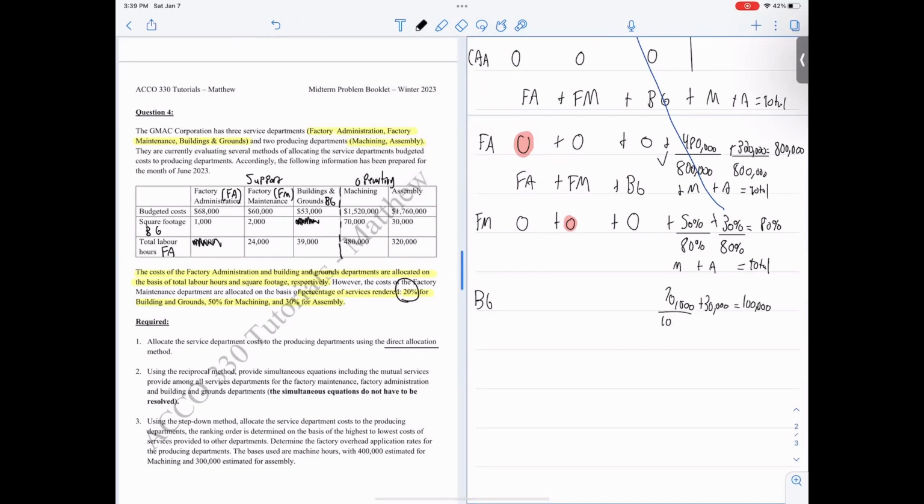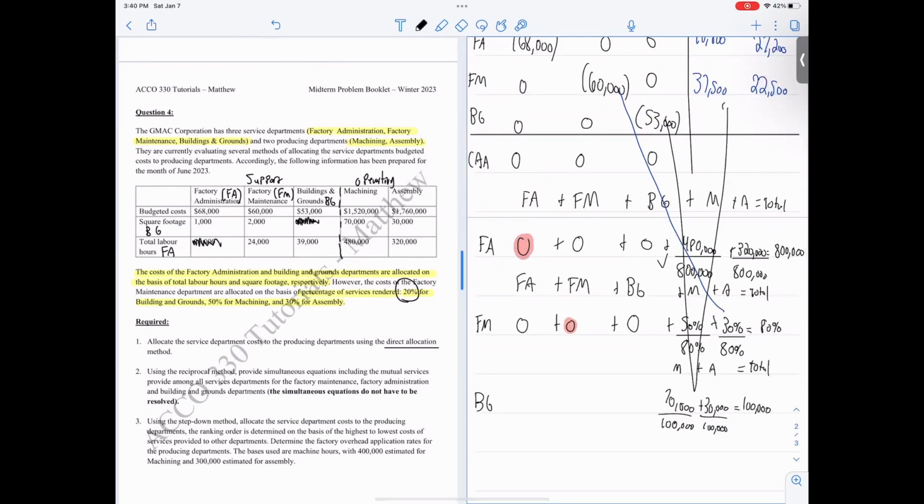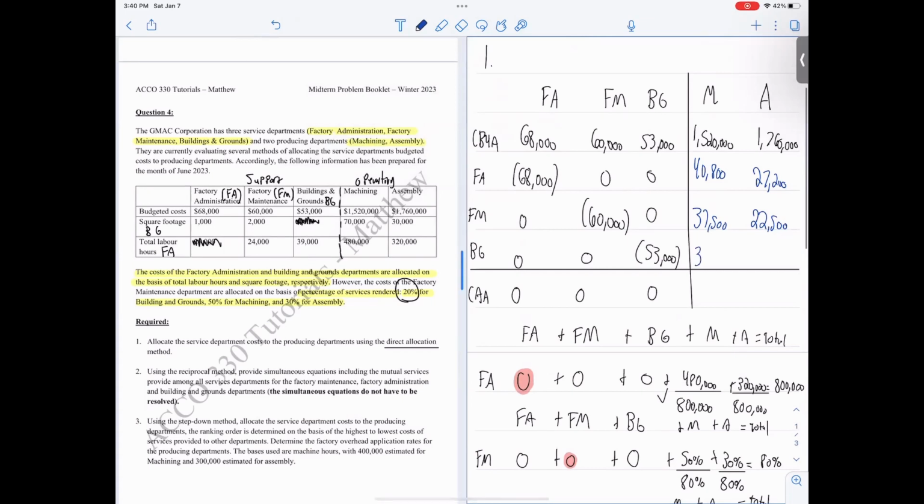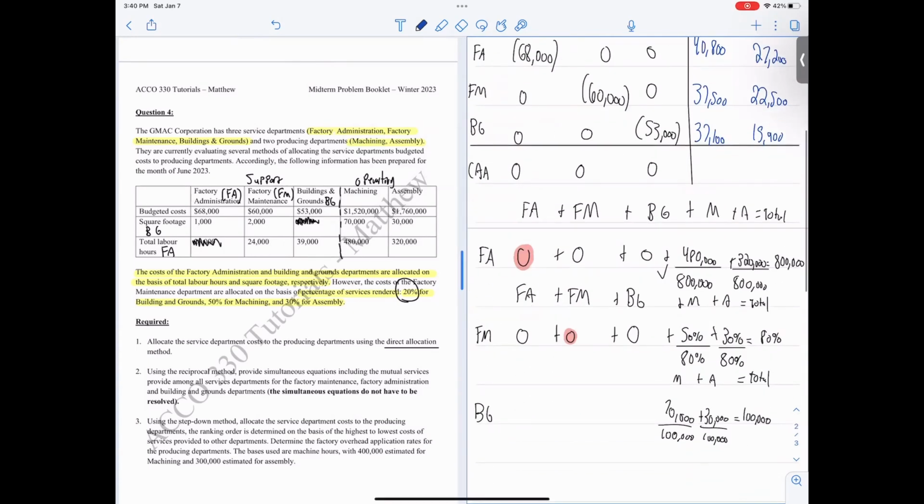So our proportions are 70,000 over 100,000 and 30,000 over 100,000. 53,000 times 70 over 100 is what? That would be 37,100. And then 15,900, which is 53,000 times 30 over 100. So you're always doing the cost times the percentage of service, or the proportion.